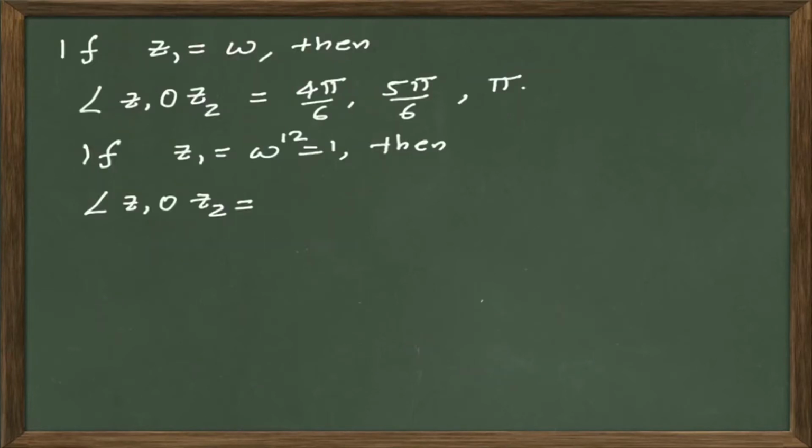So the angle Z1 O Z2 can take the values 5 pi by 6, pi, and 7 pi by 6.